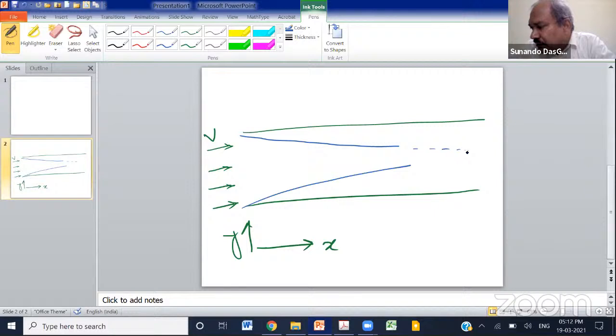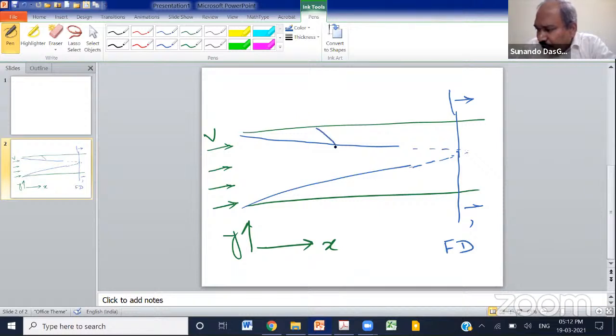It will keep on increasing, and then at a certain point these two are going to meet, and from this point onwards the velocity profile is known as fully developed flow. But over here, the velocity profile is going to increase to the free stream value. At that point, it will remain constant, and then it's going to decrease and become equal to 0.